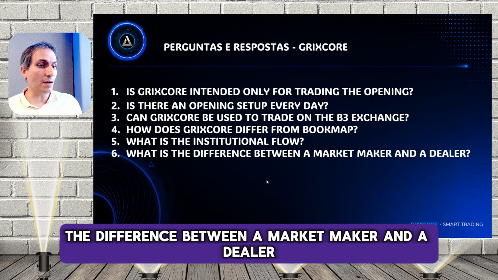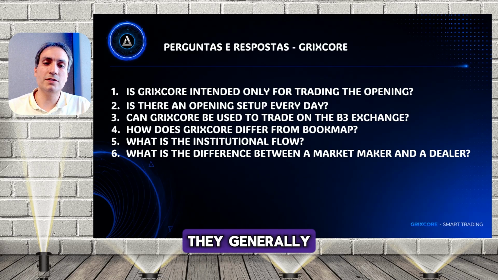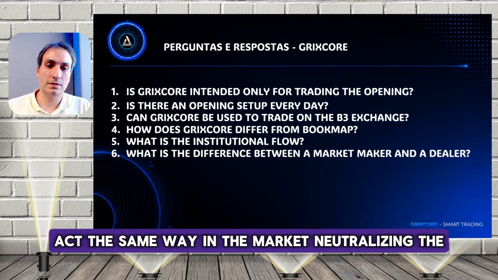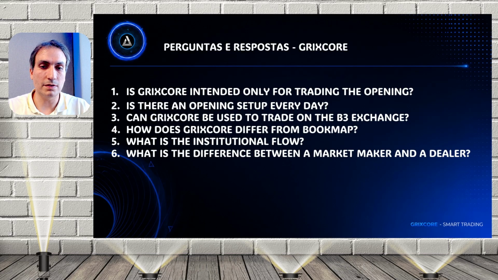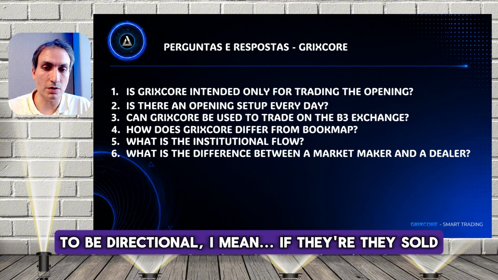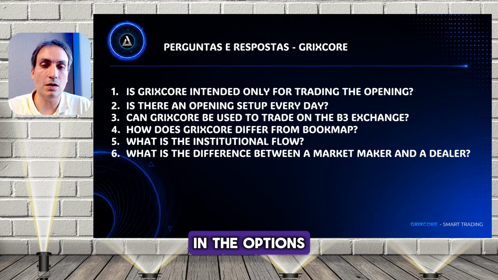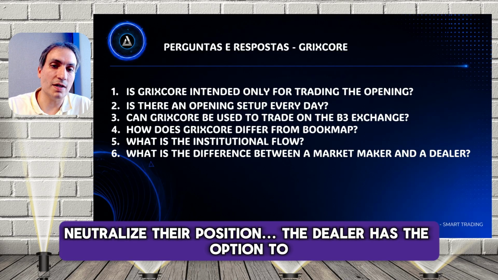What's the difference between a market maker and a dealer? This is a good question. They generally act the same way in the market, neutralizing their position, but the market maker has no option to be directional. I mean, if they sold options on QQQ or SPY, they must neutralize their position.